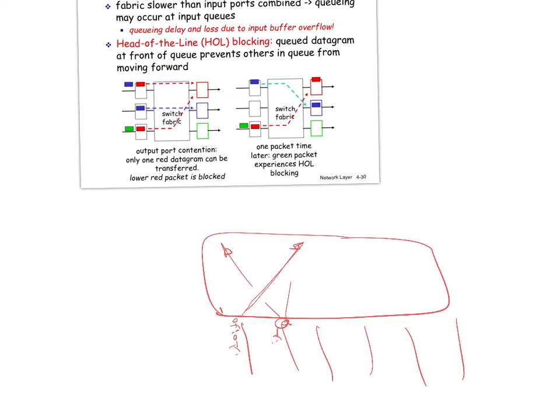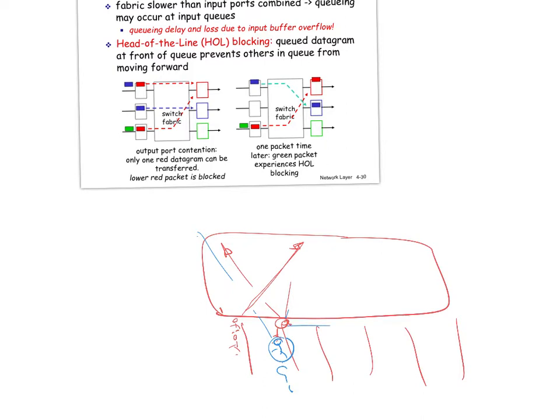Head of line blocking is the fact that all the people around this person will be blocked because this person is waiting for a service that's currently busy, even if the other customers need to go to another output port. That's the sad reality.